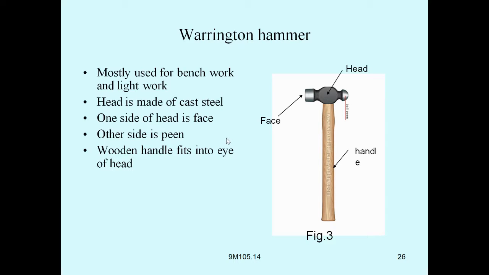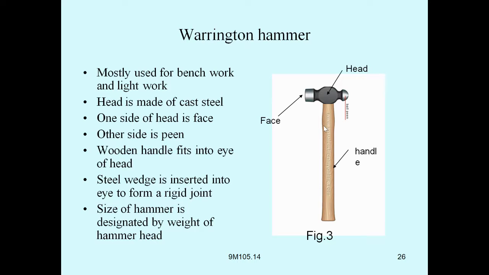A steel wedge is inserted into the eye to form a rigid joint. If the joint is not rigid, we have to insert a wedge into the eye of the head to form a rigid joint.